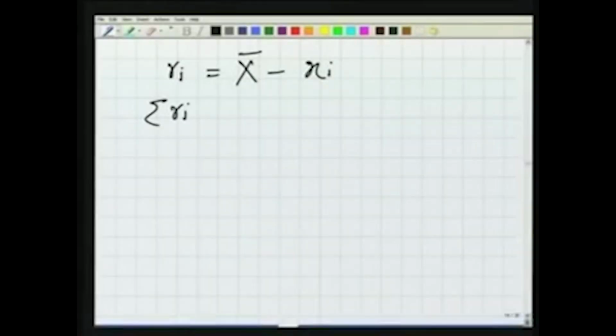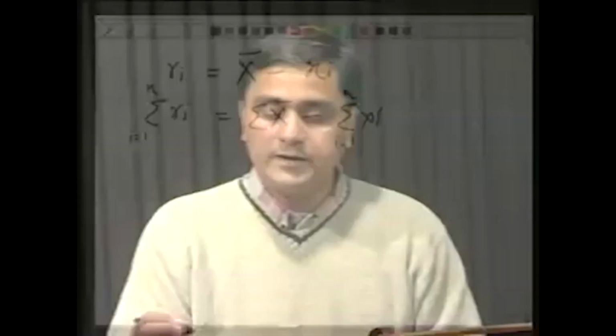Let us say sigma Ri for i equal to 1 to n will be sigma x bar minus sigma xi, i equal to 1 to n. Well, now look at this part. This is very important.